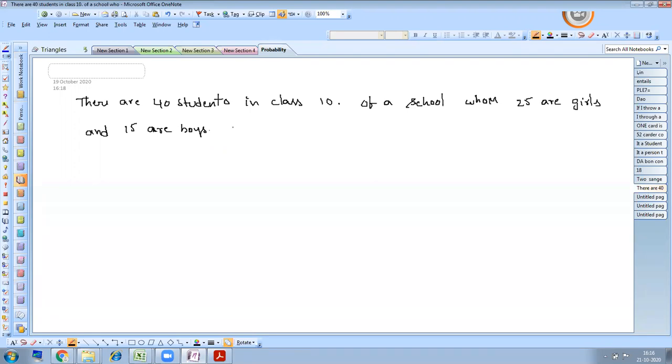The class teacher has to select one student as a class representative.